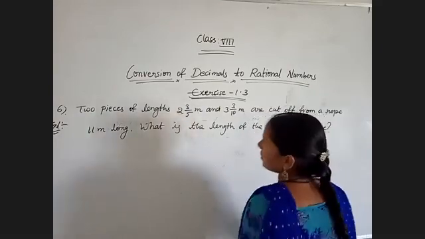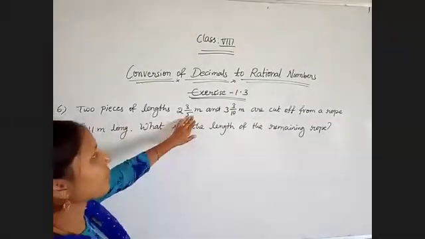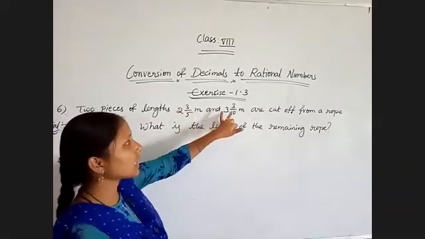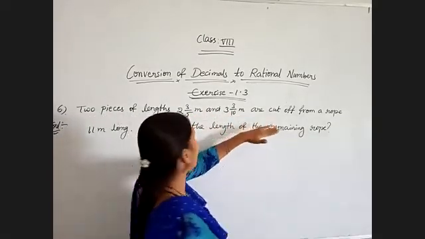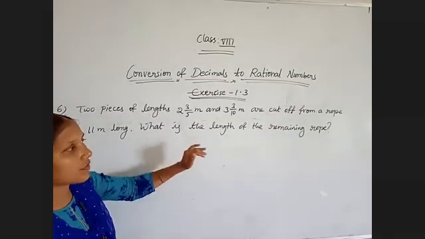So observe the question. Two pieces of length 2 3 by 5 meters, mixed fraction, and 3 by 10 meters are cut off from a rope of 11 meters long. What is the length of the remaining rope?